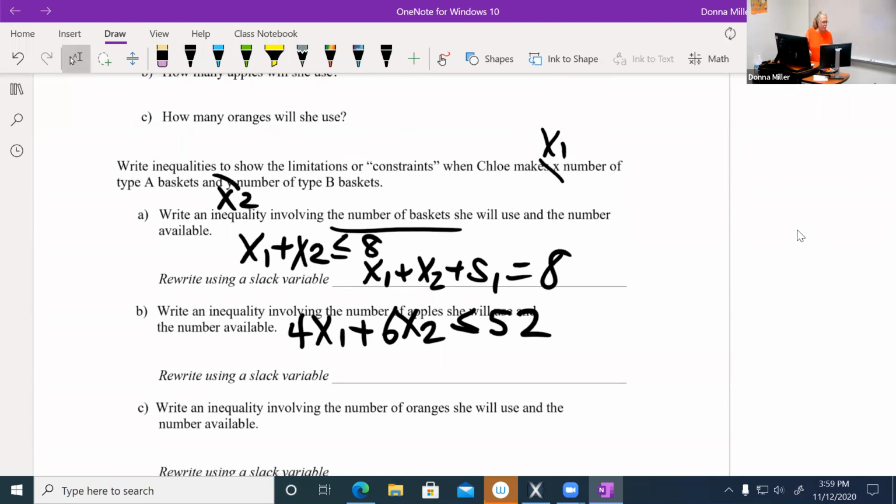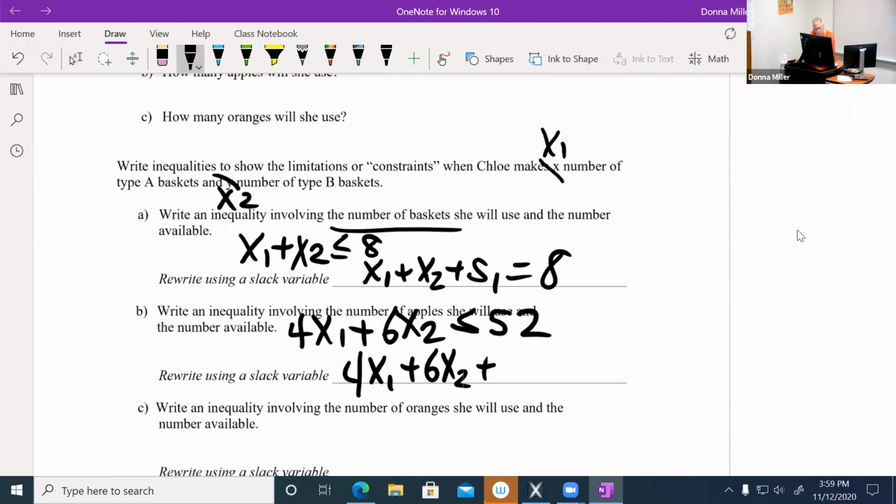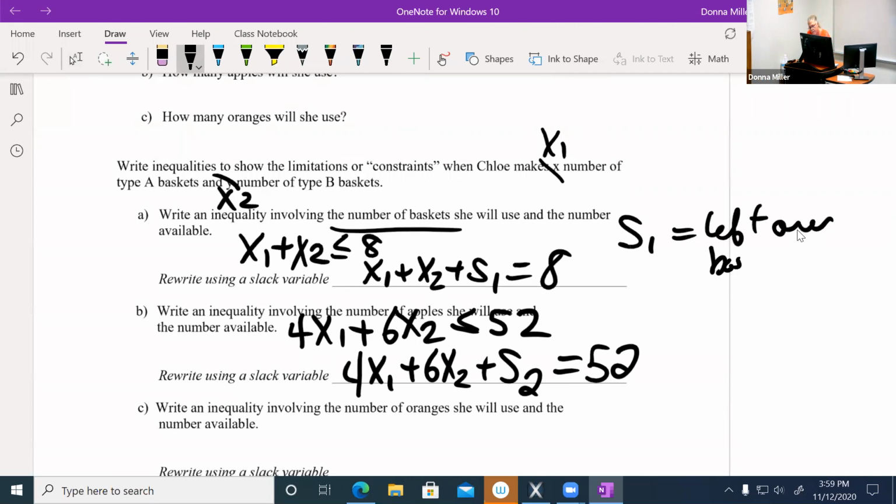I'm going to call it S2. So 4x1 plus 6x2 plus S2 is equal to 52. So S1 is leftover baskets, S2 is the leftover apples, and I've got one more to do.